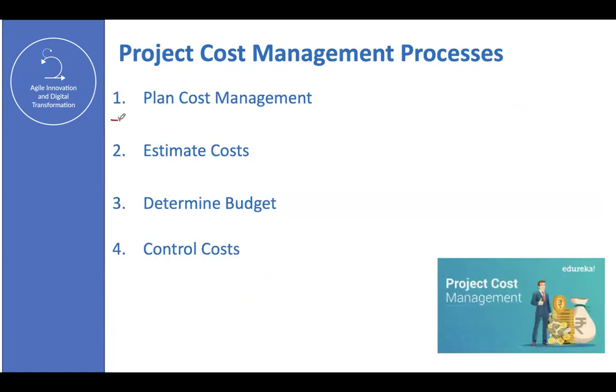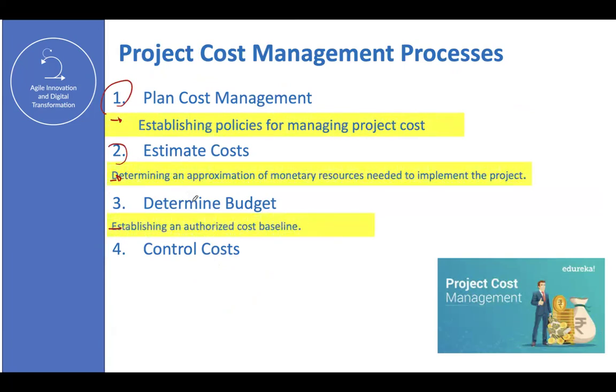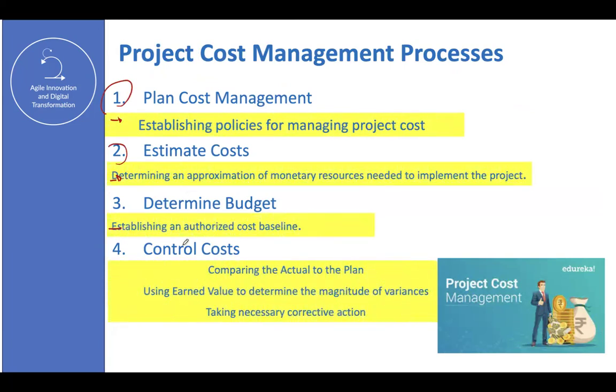So having said that, in order to understand the processes, remember I mentioned the 4 processes before. Now, what you see in yellow are the PMI definitions. The definitions I gave you previously were my own opinion, my own language, but these are the PMI language for the exam. Number 1, plan cost management is establishing policies for managing project costs.